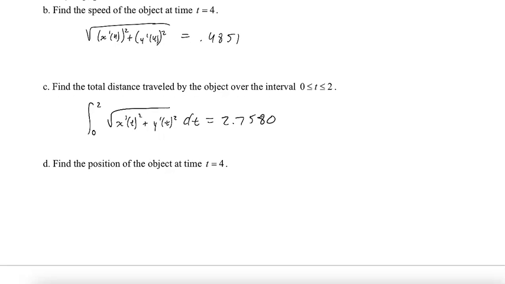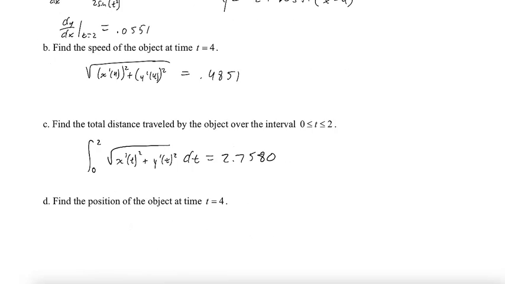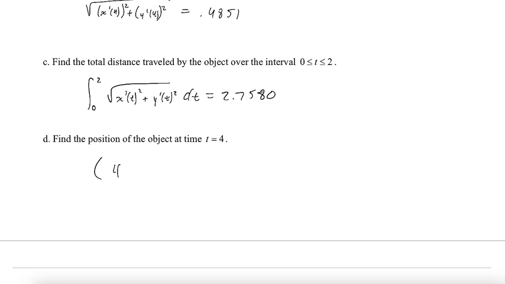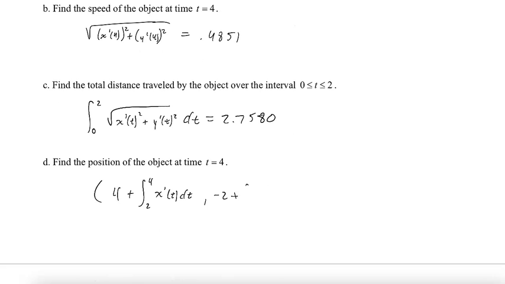Okay, find the position at time t equals 4. Well, I know the position at time t equals 2. I know it is (4, negative 2). So what I can do is go from 4 and add the displacement in x from 2 to 4, and go from negative 2 and add the change in y.